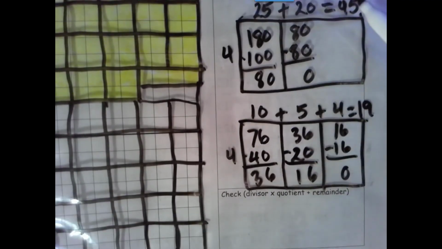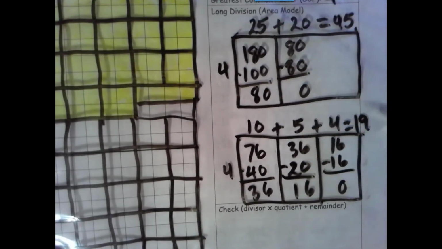All right, let's check. Divisor times quotient plus remainder. Got to use these inverse operations.